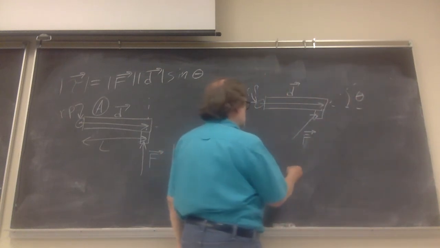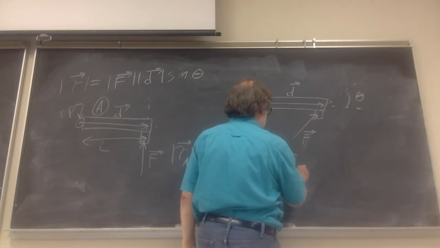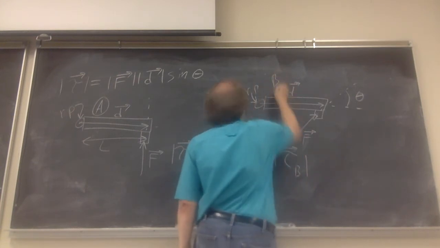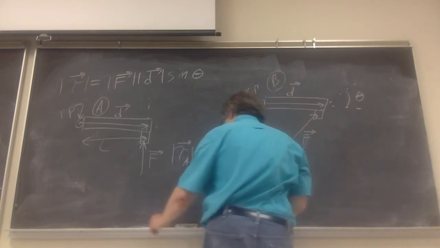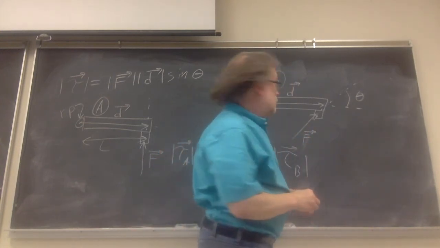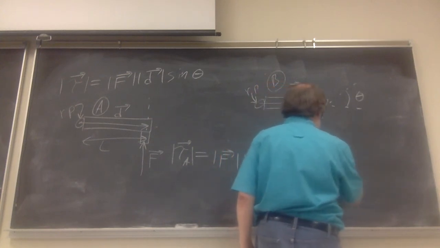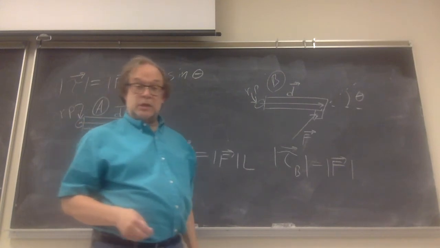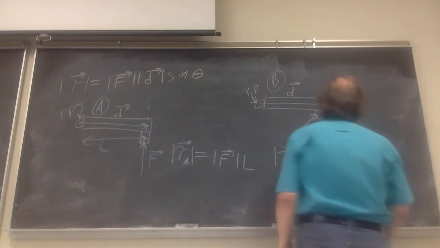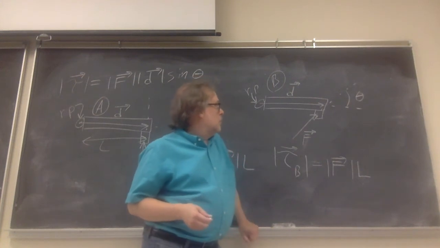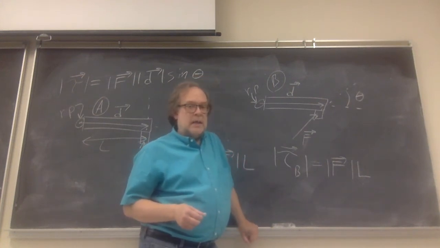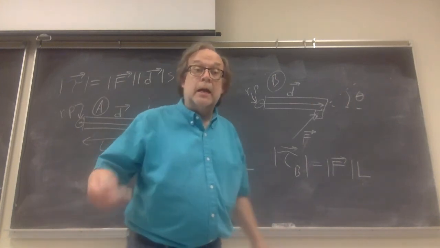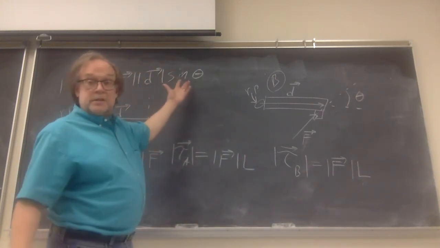So now in this case, the torque, call it case B, is still the magnitude of the force times the magnitude of the displacement vector, which is still L, times sine of this angle. Well, trigonometry tells us that any angle less than 90 degrees has a smaller sine than the sine of 90 degrees.